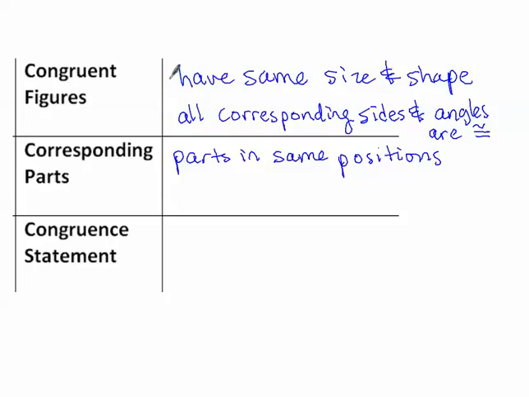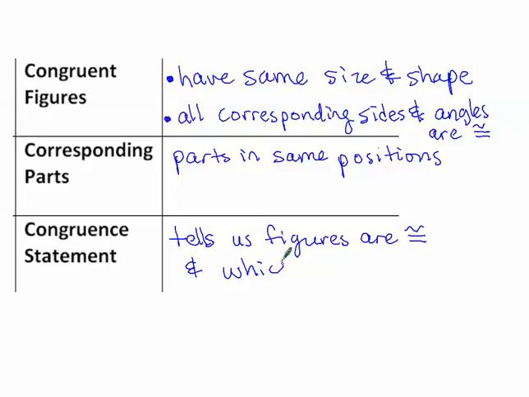So congruent figures have the same size and shape, which makes all the corresponding sides and angles congruent. A congruent statement tells us that the figures are congruent, and it tells us which parts correspond.